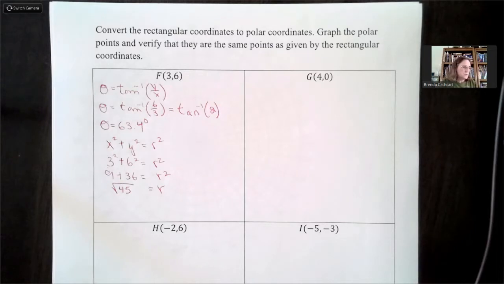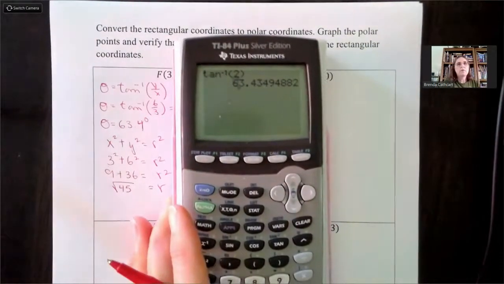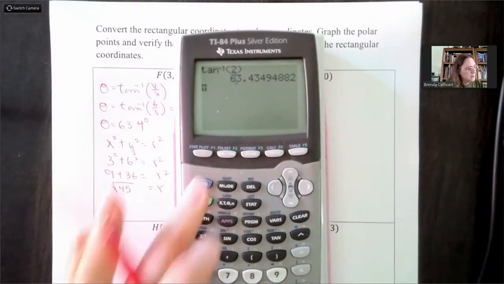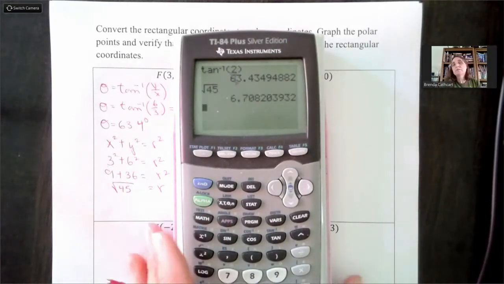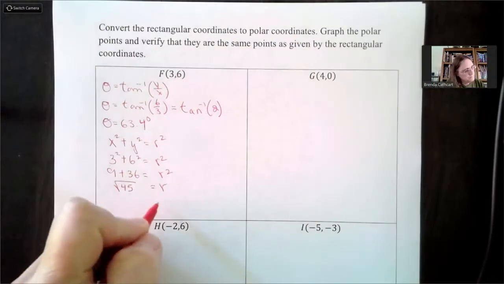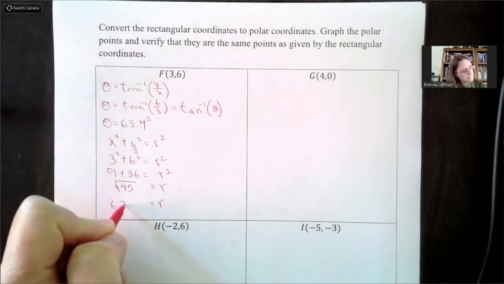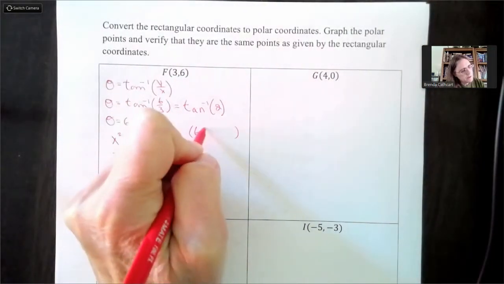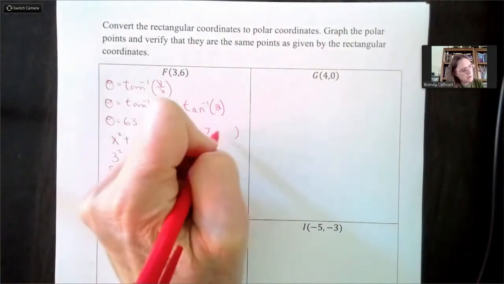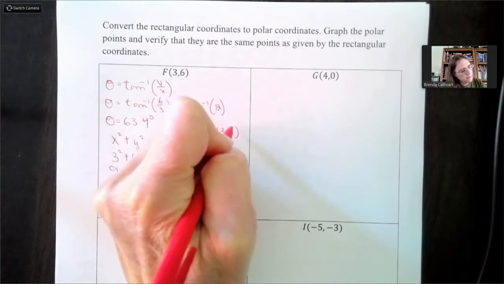We can leave it as a square root, or come up with a decimal approximation. The square root of 45 is 6.71. So our polar coordinates are 6.7 and 63.4 degrees.